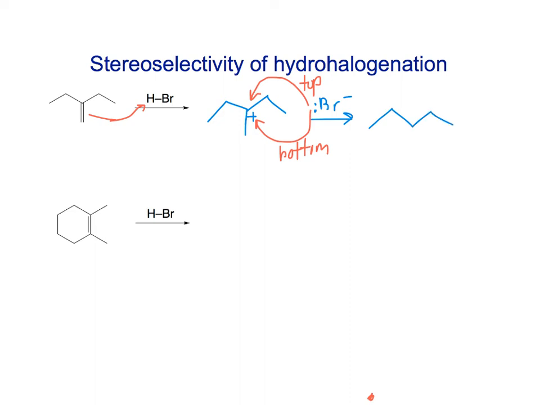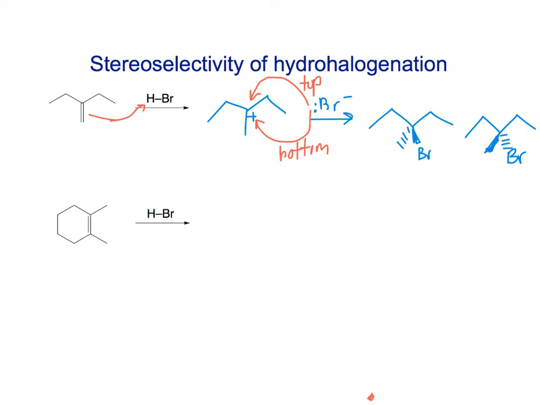If it comes in from the top, it will be a wedge like this, and the methyl group will be going back. If it comes in from the bottom, it will have a dashed line going to the bromine, because it's down below, pushing the methyl group up, like this.